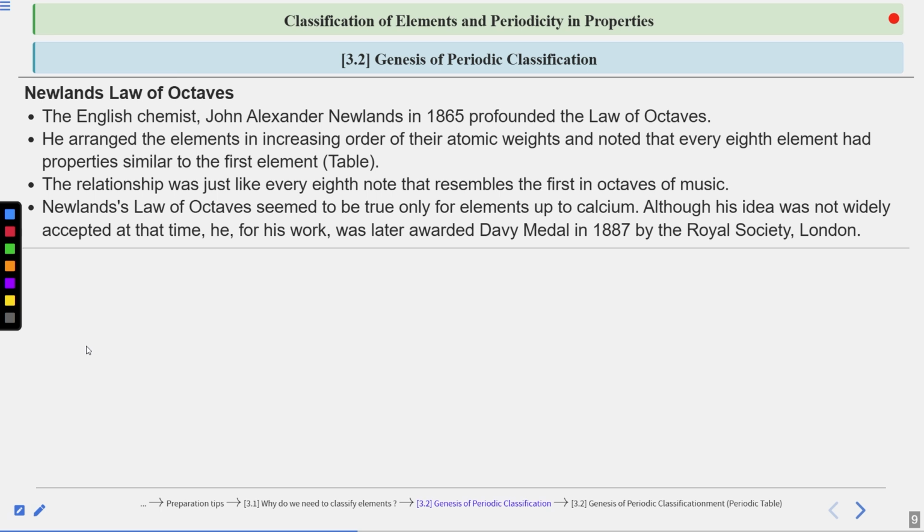But the problem with Newlands' law of octaves is that it is only true up to calcium. After calcium, it was not followed. Although this idea was not accepted at that time, he was given the Davy Medal by the Royal Society of London in 1887.